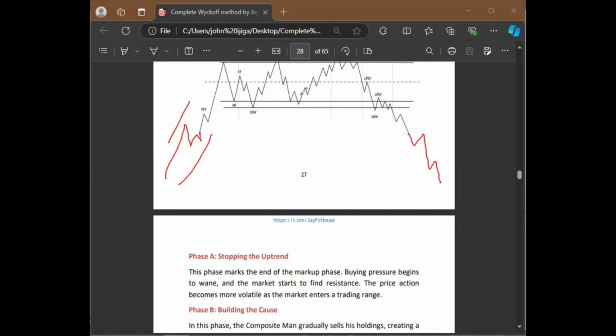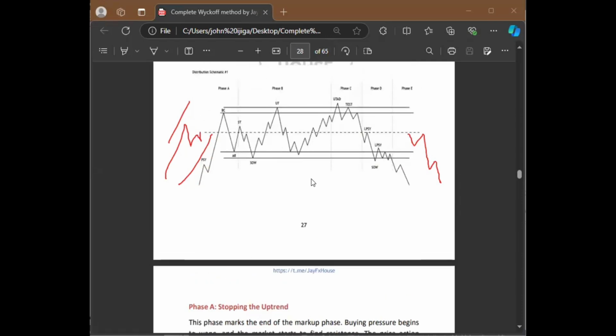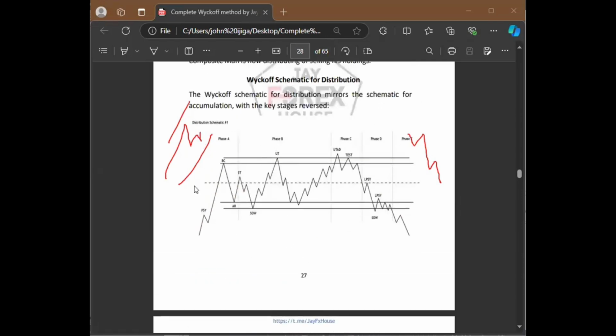I'm calling it an accumulation because this is where money is being accumulated, but the schematic is called a distribution, so you don't get confused by the terms I'm using. So this whole circle we find on the chart is an accumulation, and price distributing down the accumulated entries from this schematic.